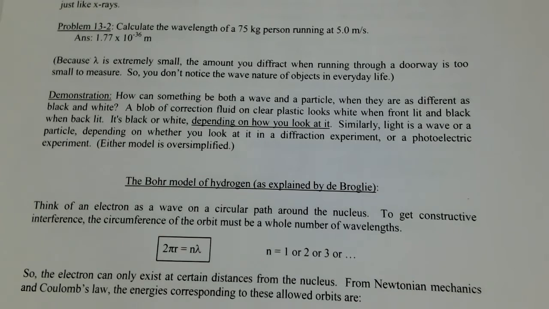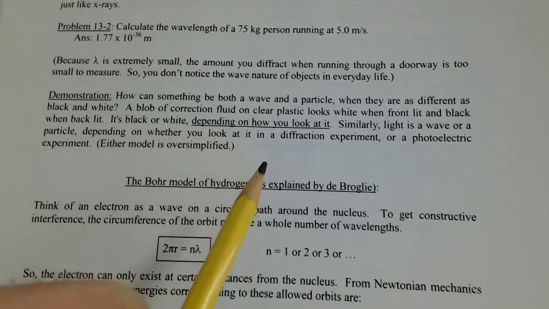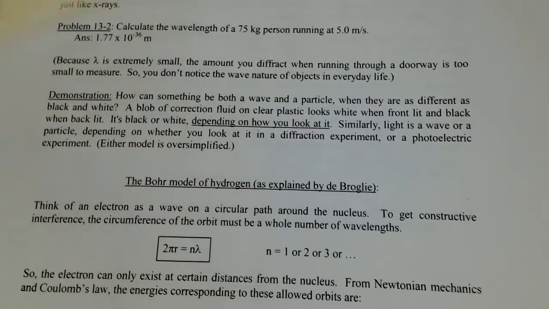In between, not allowed. So Niels Bohr came up with that idea in, I'm pretty sure it was 1913. It was another decade before the reason why was explained by de Broglie's hypothesis. So the Bohr model of hydrogen, as later explained by all this lambda equals h over p kind of thing.